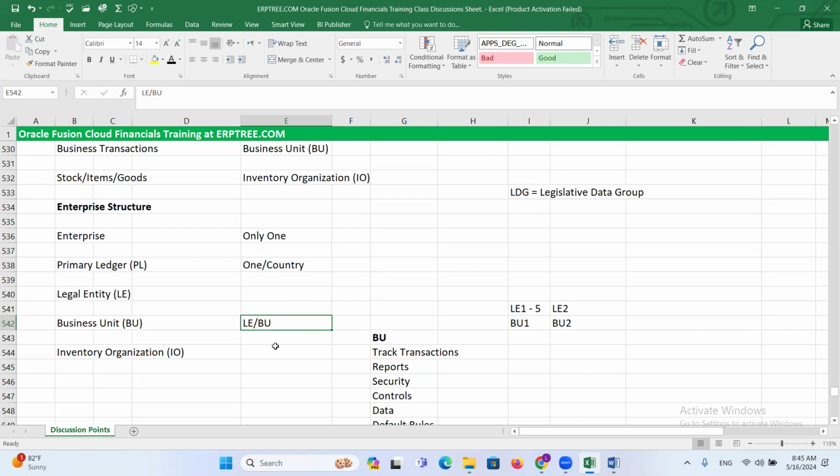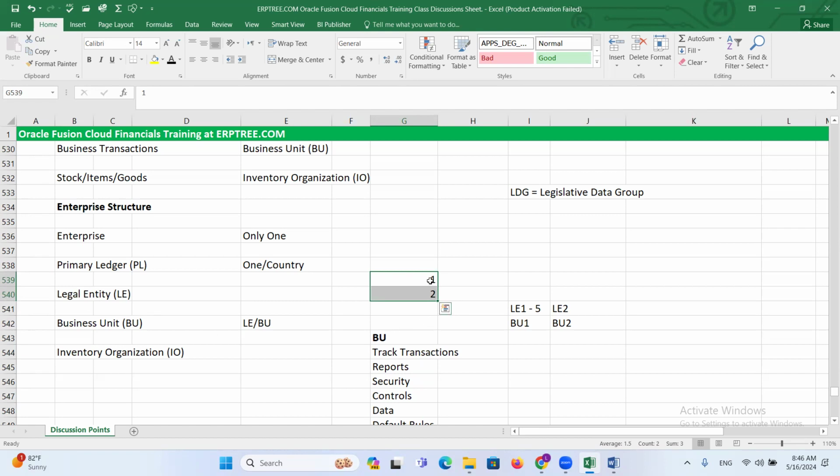Apart from that, say you have one legal entity, and under that you have two businesses, one and two. When you prepare the reports at legal entity level, you select these two. Your legal entity will be mapped to company one and two, because these two companies you are running under the same registration.